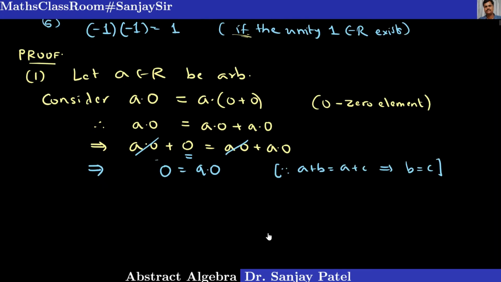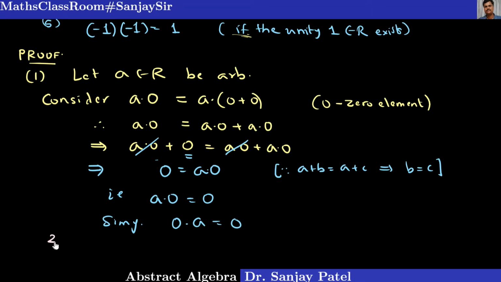So what is proved here is 0 is equal to A into 0. That is, A into 0 is equal to 0, and similarly you can show that 0 into A is also equal to 0. So the first result is proved.